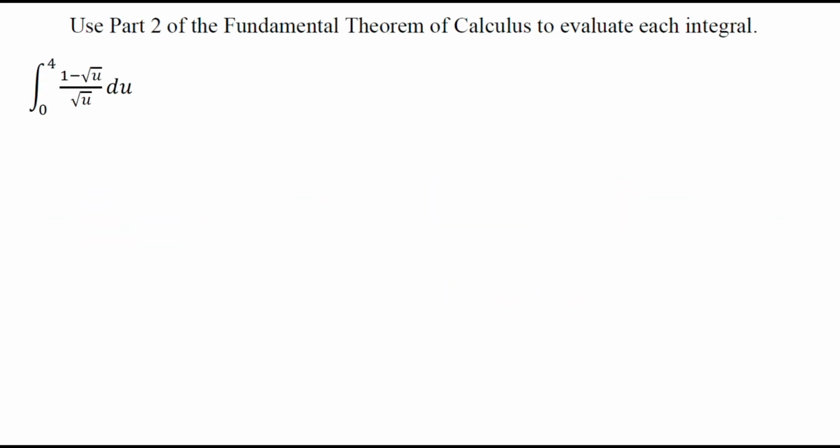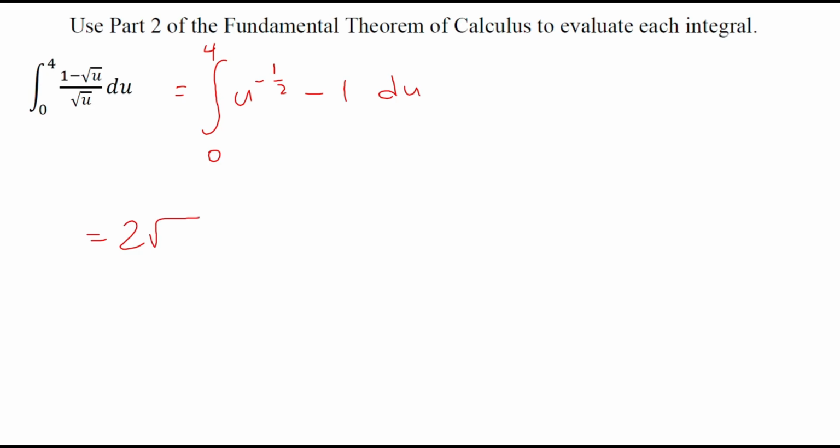And this one will be basically the same process here. We're just going to divide both of the terms in the numerator by that square root u. So this becomes an integral from 0 to 4 of 1 over root u, or u to the negative 1/2. And then root u over root u is just 1. And so now we'll integrate the integral of u to the negative 1/2. We've seen this one a few times, right? It goes up to u to the 1/2, or square root of u, and then you multiply by 2.